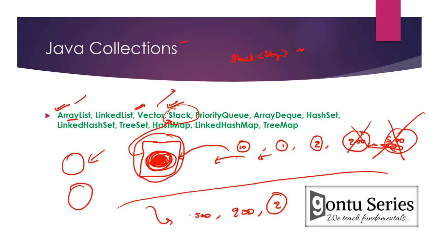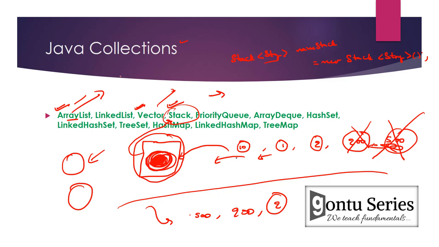Then you provide the name of that stack object, then new Stack of String, and that's it, guys. If you want to create a stack for string, use String. If you want to create a stack for integer, use Integer. If you want to create a stack for a user-defined object, use that user-defined object, like Country, which I showed you. And then how to add elements to that.